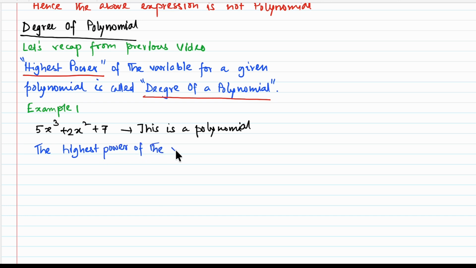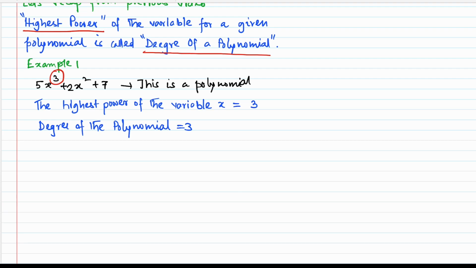The highest power of x is 3. As 3 is the highest power of the variable, we can say that the degree of the polynomial is 3. Clear? We first identify the variable, then identify the powers, and the highest power gives you the degree of the polynomial.